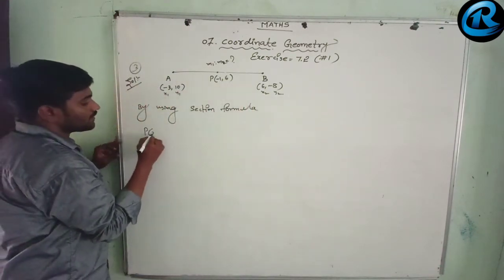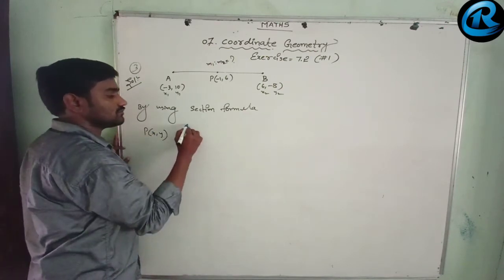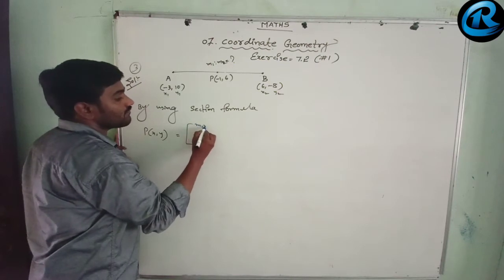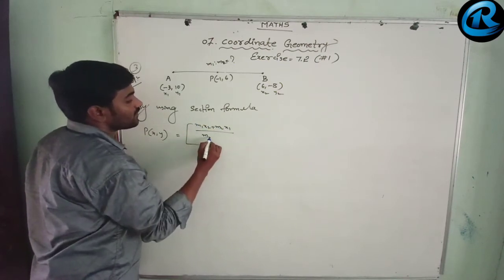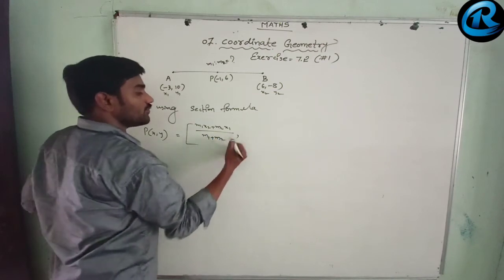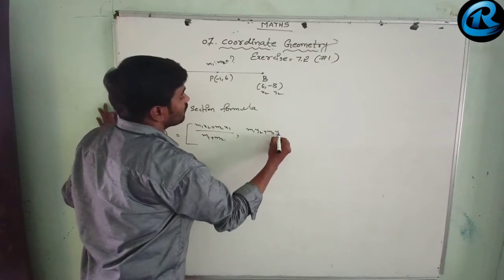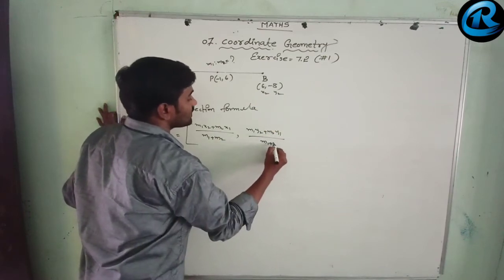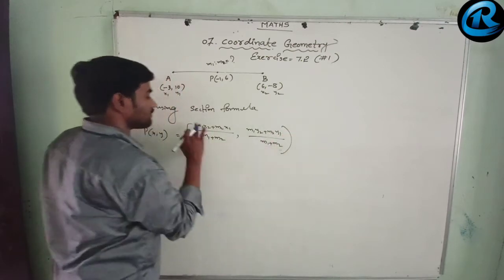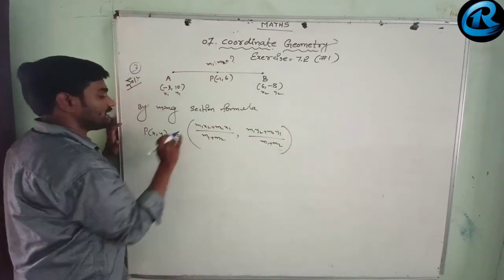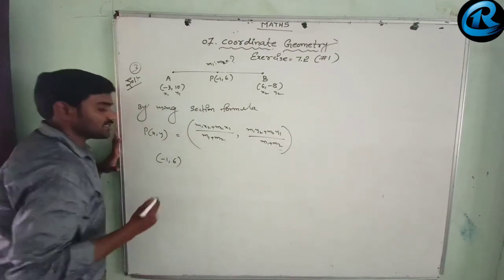P x comma y is equal to m1 x2 plus m2 x1 by m1 plus m2, m1 y2 plus m2 y1 by m1 plus m2. Okay. So here P x comma y, the divided point, is already given, that is minus 1 comma 6.